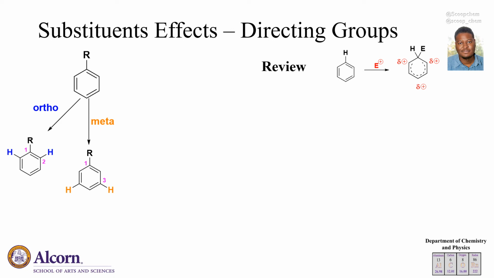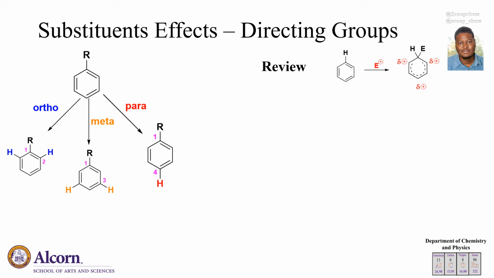There's still one more position, which is 1-4 with the substituent, and that's known as the para. So it becomes very important for us to keep in mind these 3 positions. They have completely different reactivity, and it's very important for us to be comfortable with specifying ortho, meta, and para positions on a benzene ring.